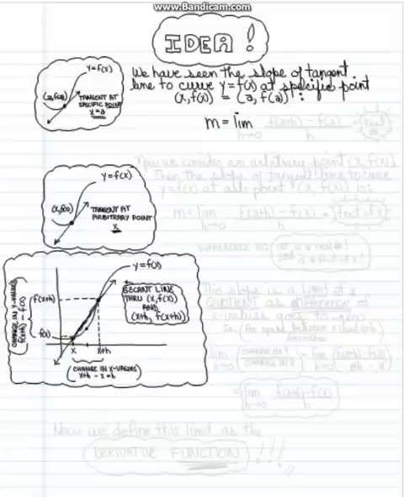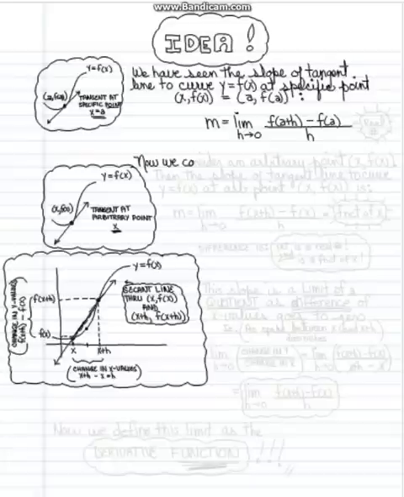It equals a limit as h approaches 0 of the difference between the y partners, f of a plus h minus f of a over h, and h was the difference between the x partners.